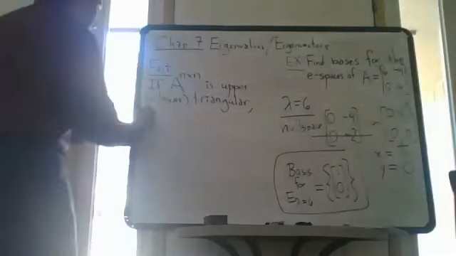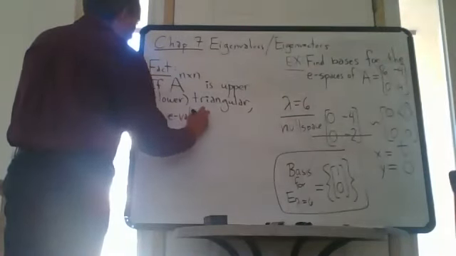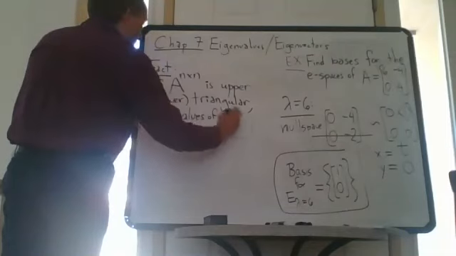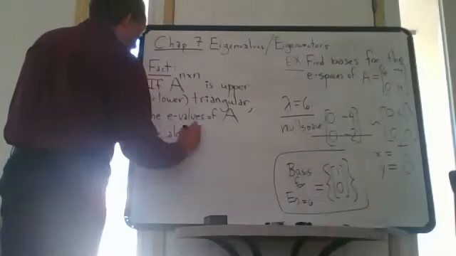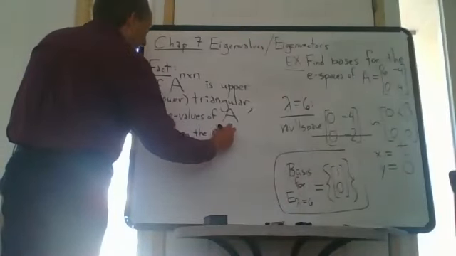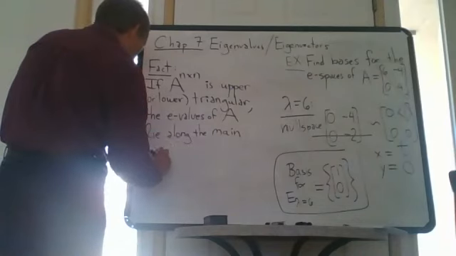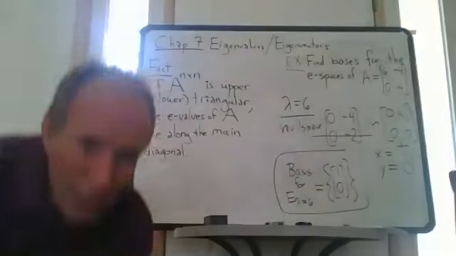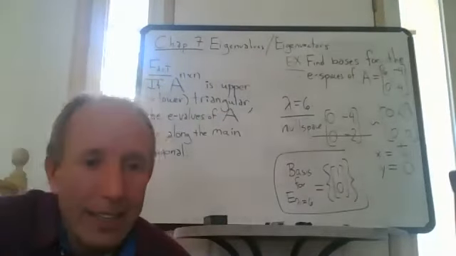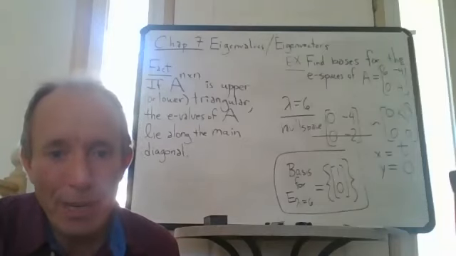So in this case, the eigenvalues of A lie along the main diagonal. For a triangular matrix, the eigenvalues will always lie along the main diagonal of the matrix.